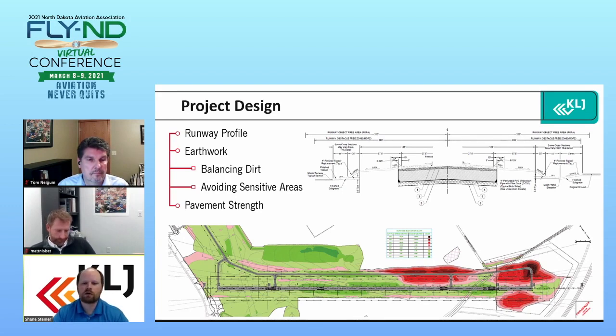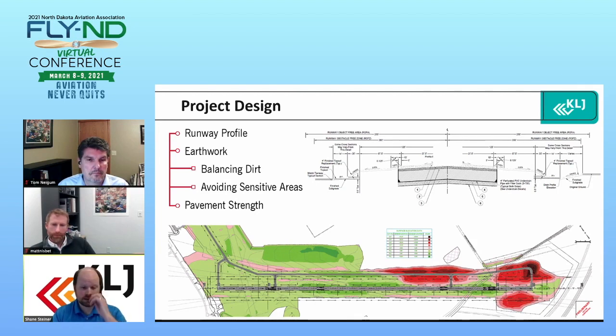So working with that and keeping the ground as similar as possible to reduce earthwork was big. As you can see on the bottom of the slide, it's a heat map where the red areas are cut areas and the green areas are fill.